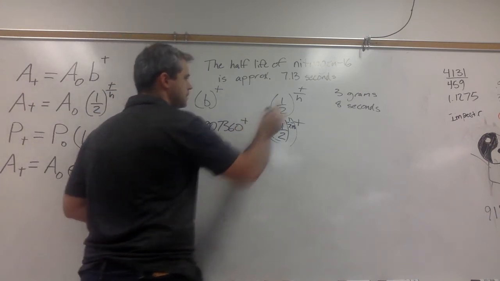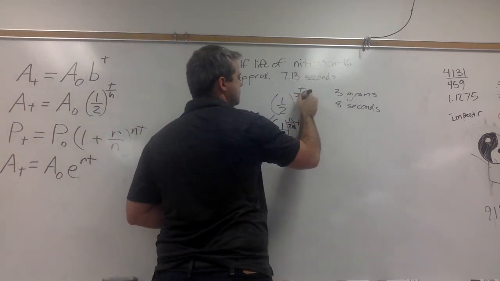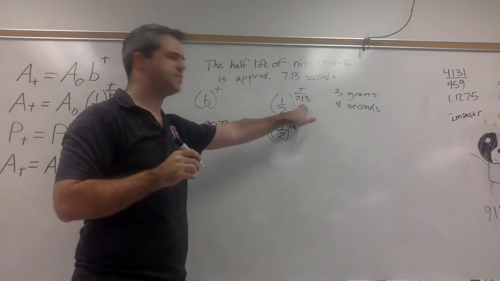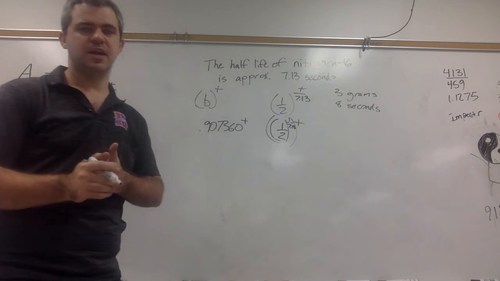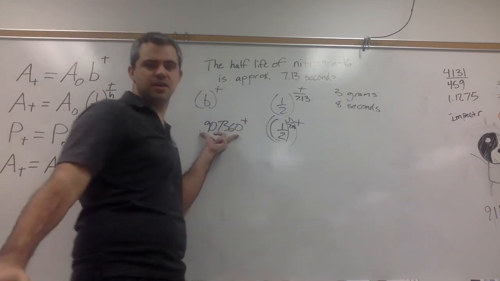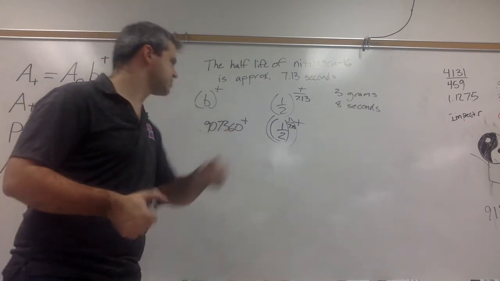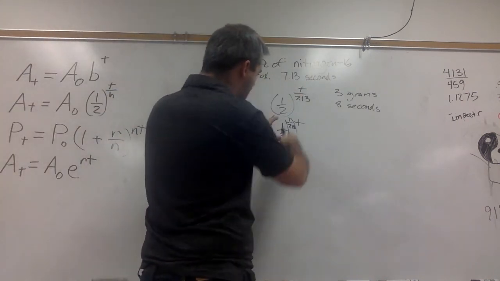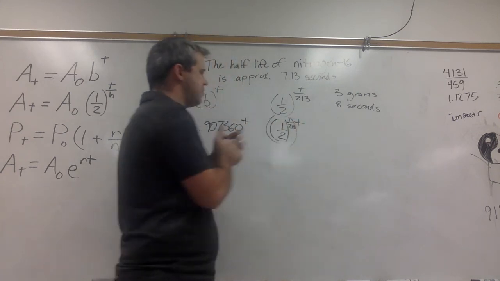So this and this are approximately the same thing. It would be exactly equal if I had infinite decimals to go here. So again, we take out this 1 over 7.13.